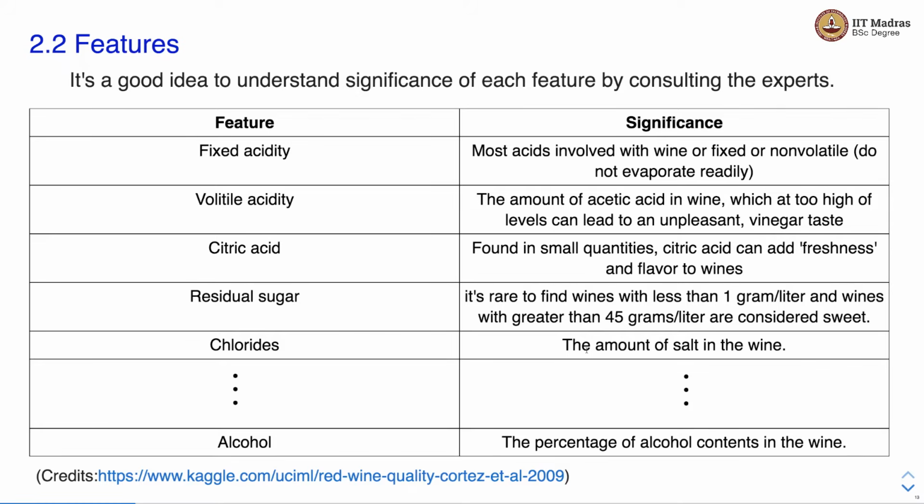Then chlorides, which is the amount of salt in the wine, and finally alcohol, which is percentage of alcohol content in the wine. So whenever you are solving a machine learning problem and once you get the data, it's a good idea to document the features and their significance by consulting the experts.